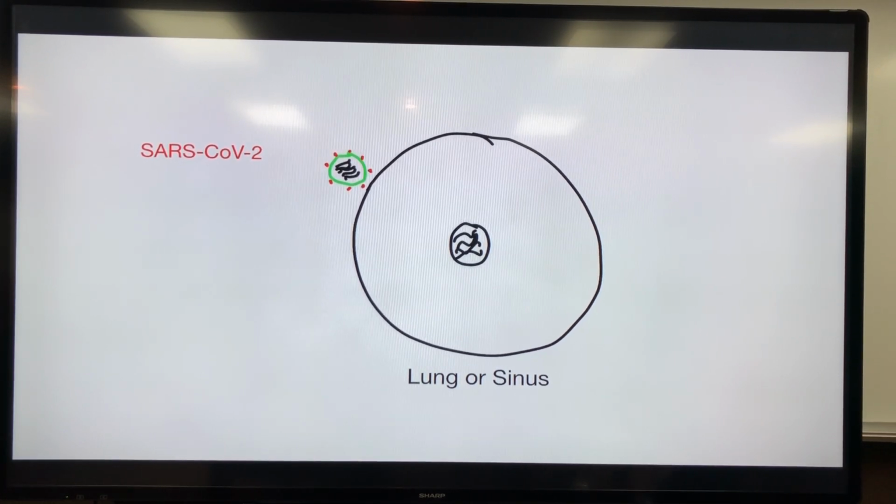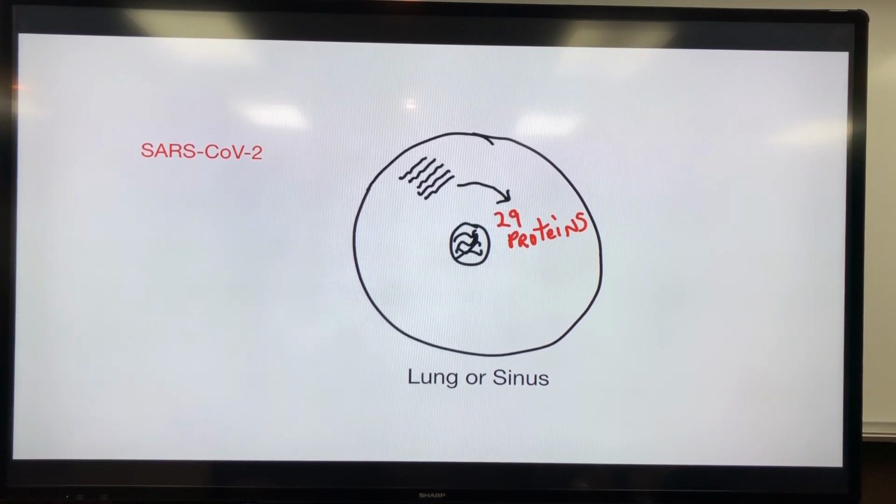It's like a locking key. As soon as it locks into John's cells, it puts that RNA from the virus into John's lung cells. And then John's lung cells, that cytoplasm, has the factory to make those 29 proteins. So basically the virus is hijacking John's lung cells.